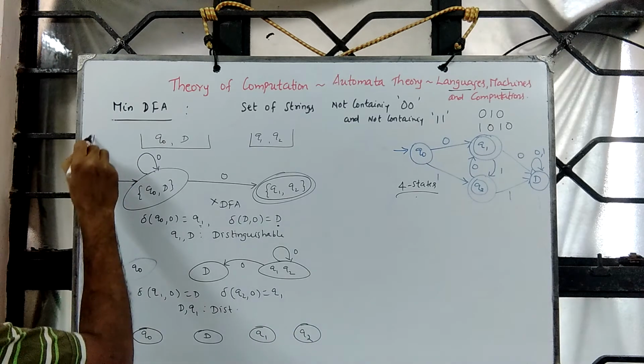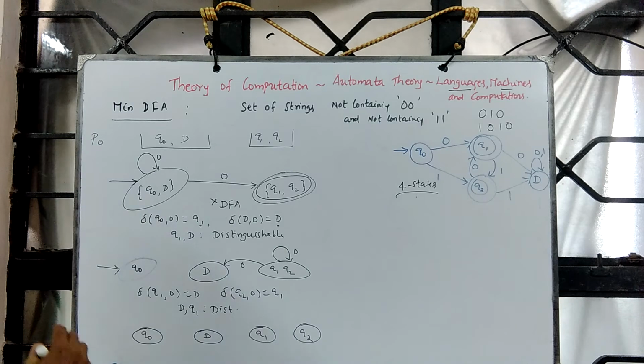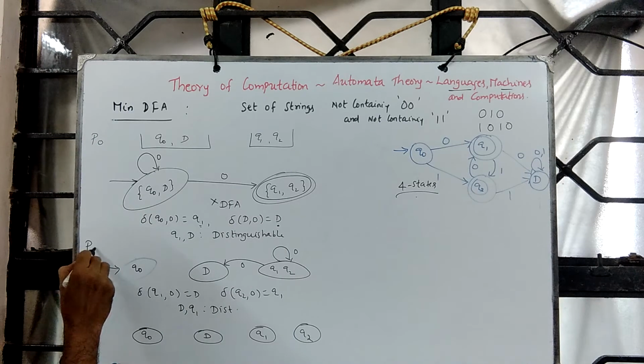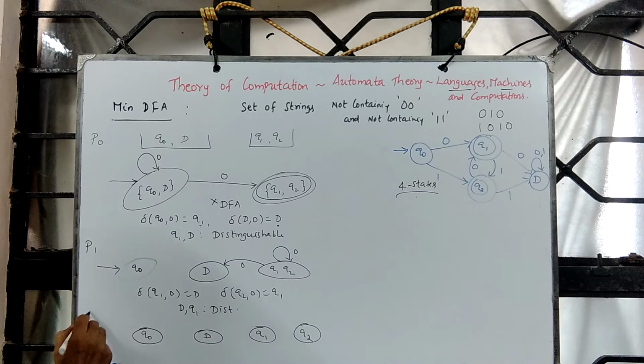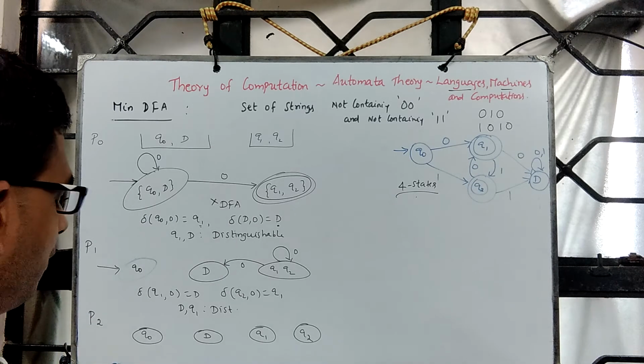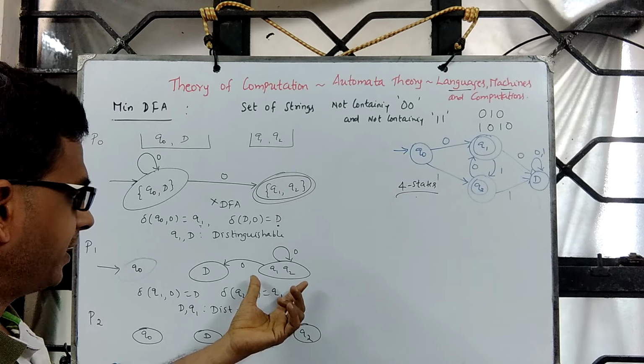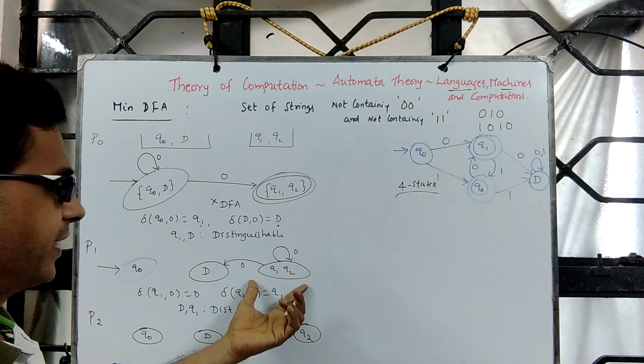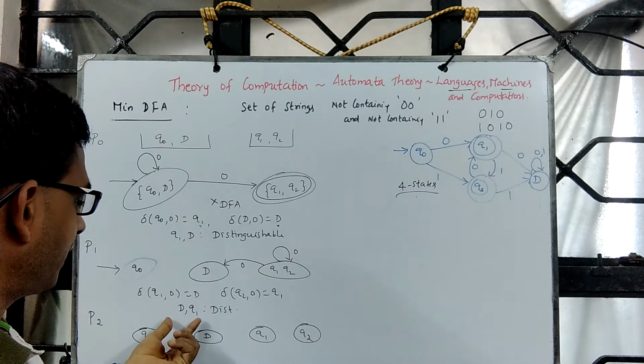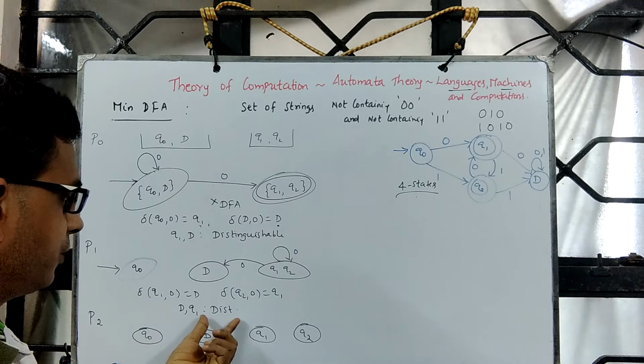So this was our initial partition. Then we moved on to this partition. Then finally we get this. Now, when do you split a partition? If it has at least two states, because we are looking for a pair which is distinguishable.